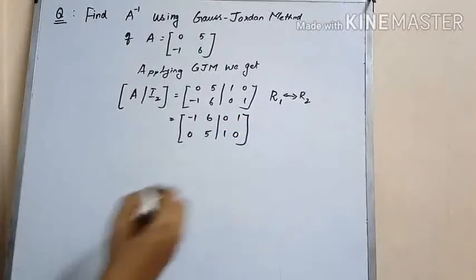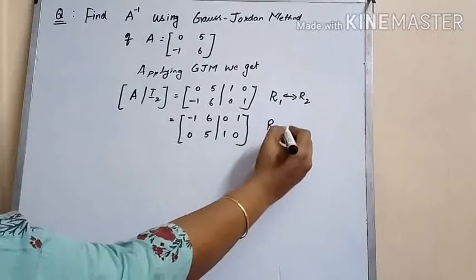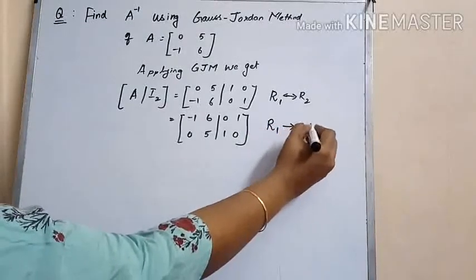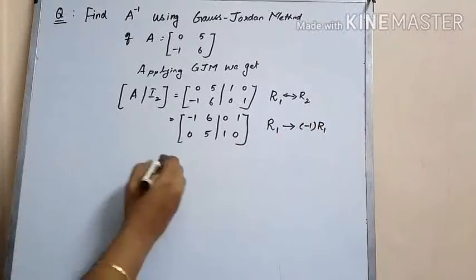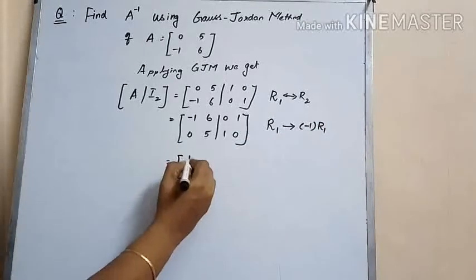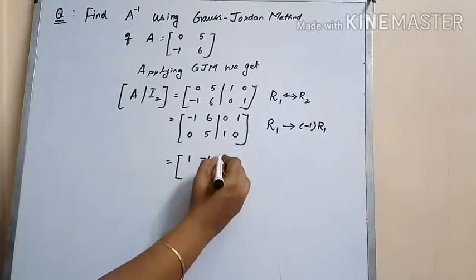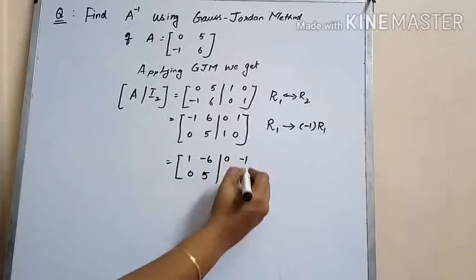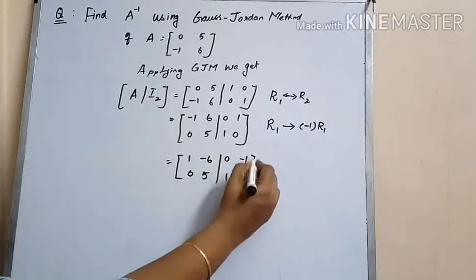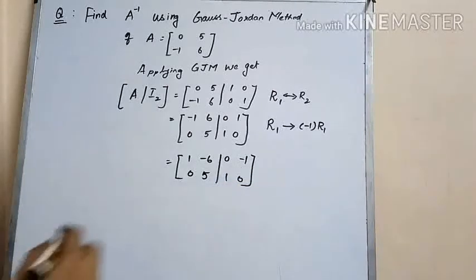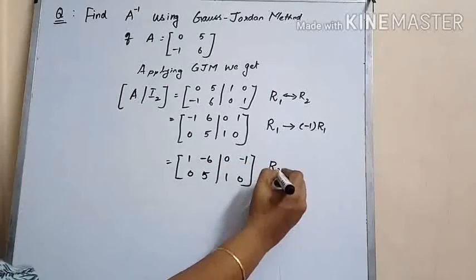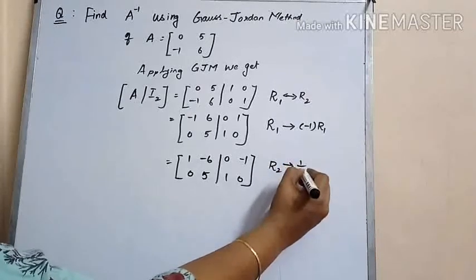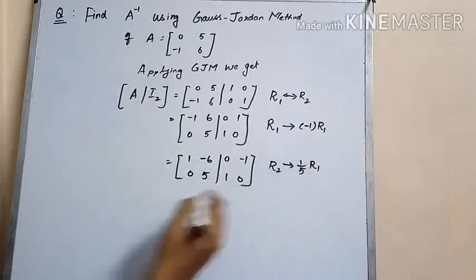So the next step is R1 becomes minus 1 into R1. So you will get 1, minus 6, 0, 5 | 0, minus 1, 1, 0. The next row operation is R2 becomes 1 by 5 R2.